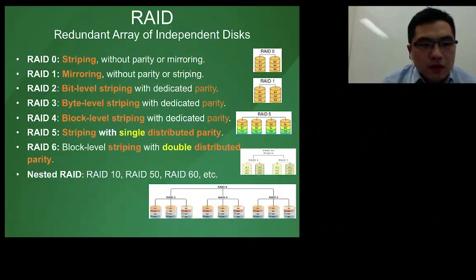RAID 4 also striping with parity. RAID 5 striping with a single distributed parity. The parity is not in a dedicated disk. It's distributed. And RAID 6 with double distributed parity.